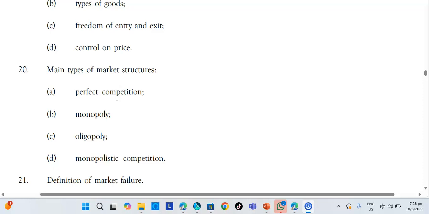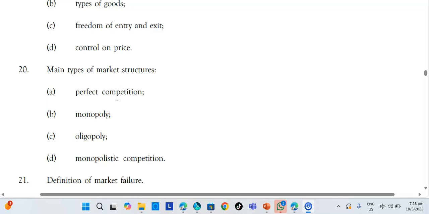Oligopoly market structure is determined by a few large firms. Each firm's actions affect others, leading to interdependent behavior. So the key features of this market structure are few sellers, products may be identical, high barriers to entry, firms may collude or compete with each other, pricing can be strategic.